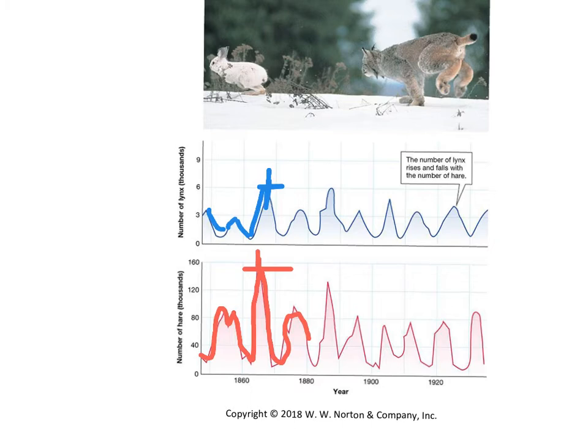Well, the hare population rises to a certain point, and then it takes a while for the lynx to breed, and their population starts to rise. And then, of course, there's a population crash by too many lynx that eat up all the bunny rabbits, and so on.